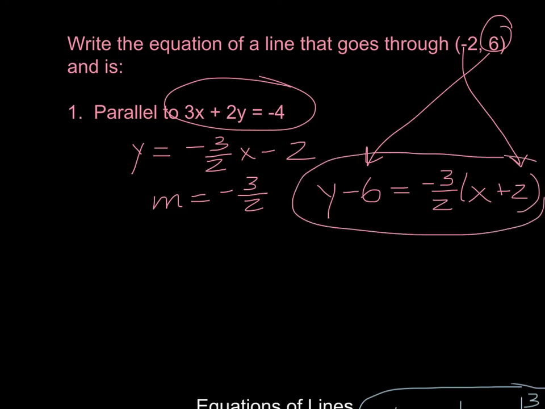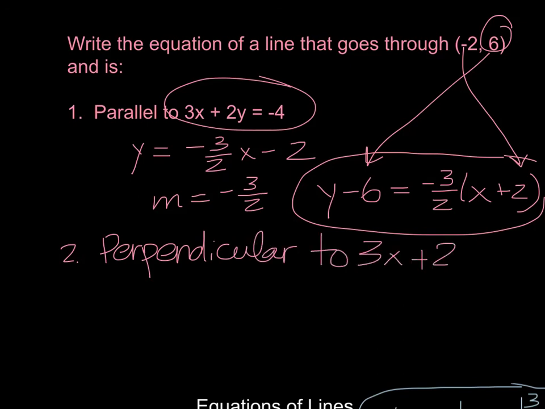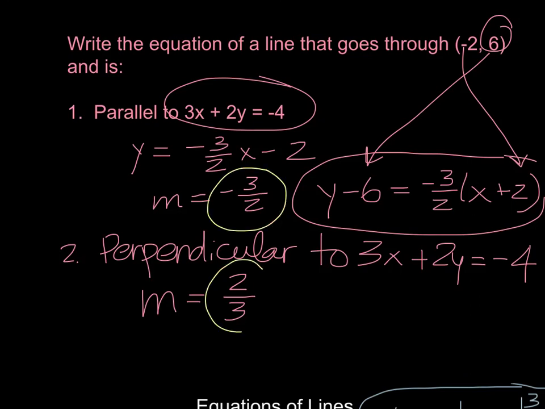Okay. Now number 2 is, now we want a line that is perpendicular to that line, 3x plus 2y equals -4. So same thing, but the slope is going to be positive 2/3. So if you remember from your Algebra 2 class, the slope is going to be the opposite reciprocal.